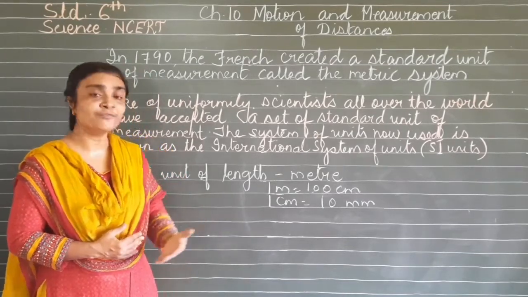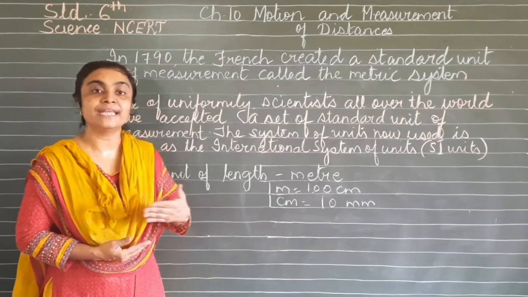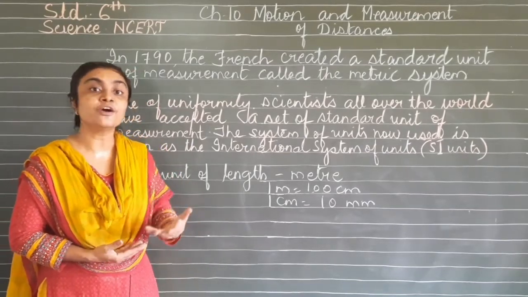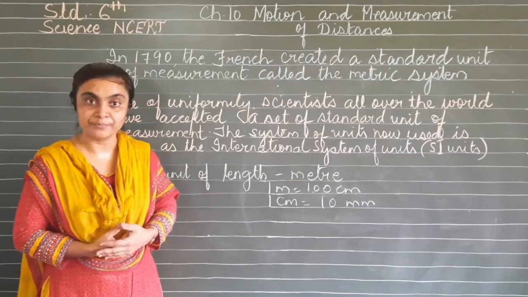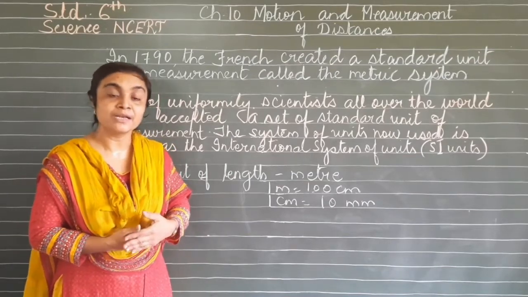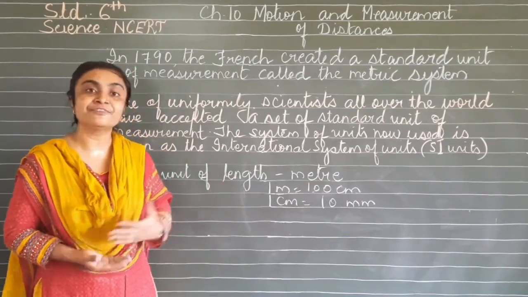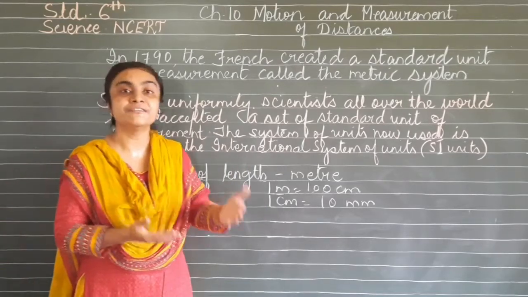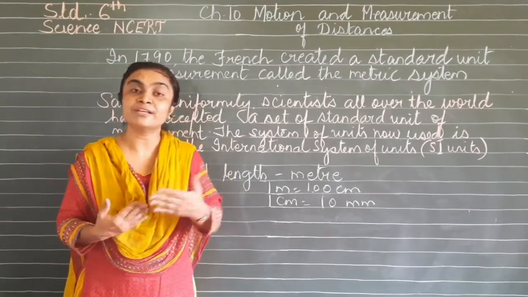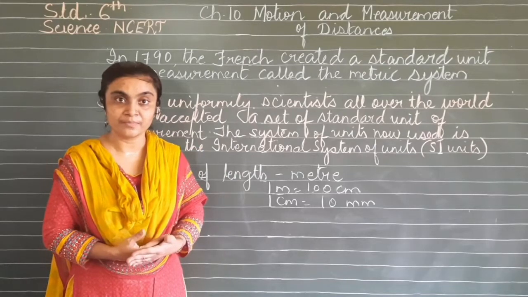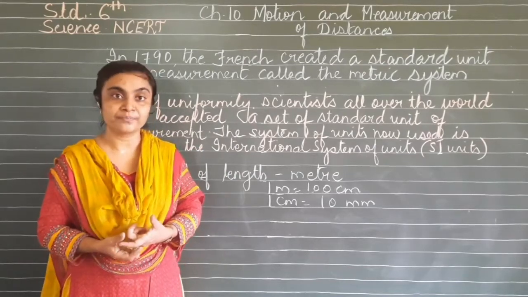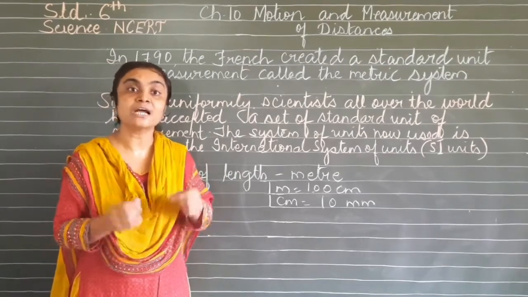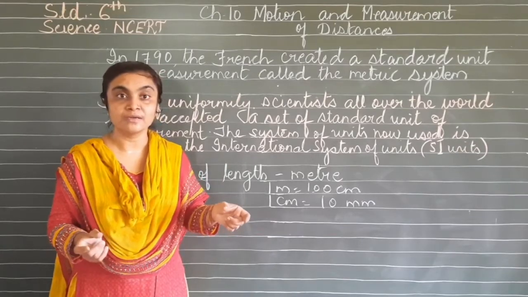Same way, for the unit of time we are taking second. For unit of weight we are taking kilogram, or gram. Now, if you want to use different measurements, there are different devices. For example, in our geometry box we have a ruler to measure objects. If you want to measure cloth, there is a meter rod.